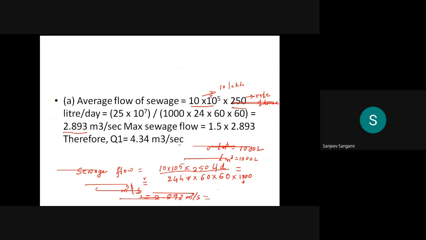So then, always you consider the peak factor. This peak factor is 1.5. So 1.5 multiplied by 2.8893 is equal to 4.34 meter cube per second.